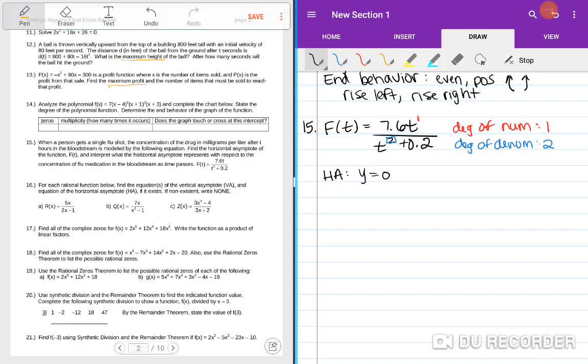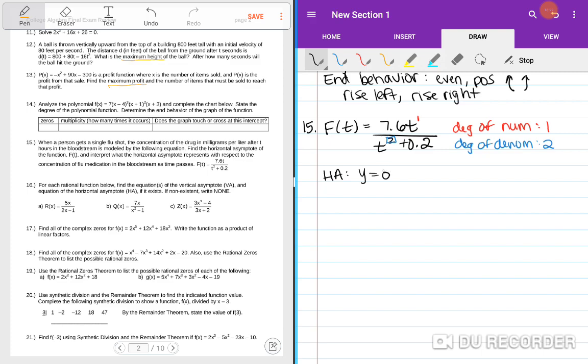Okay, what does that mean? When you get a flu shot, the concentration in milligrams per liter after t hours in the bloodstream is modeled by this equation. So as the hours go on, eventually you're approaching the concentration of the drug being 0, which makes sense.